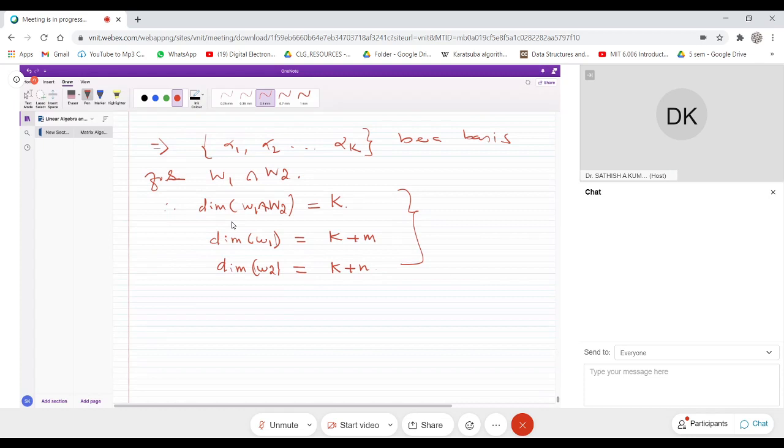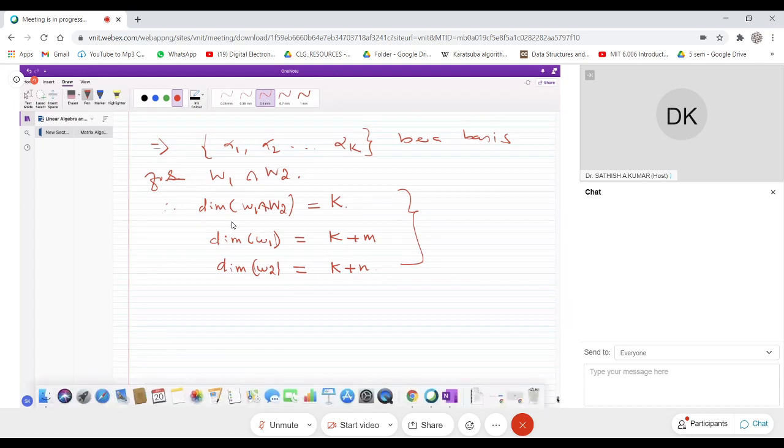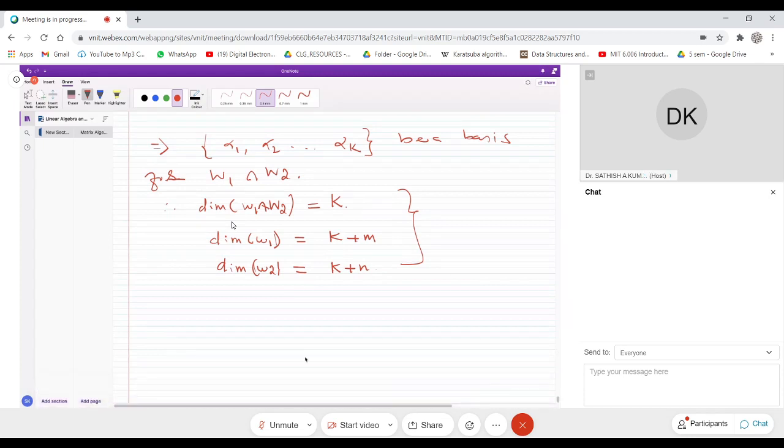Now we'll go back to what we had. We have dimension of W1 plus dimension of W2 minus dimension of W1 intersection W2.